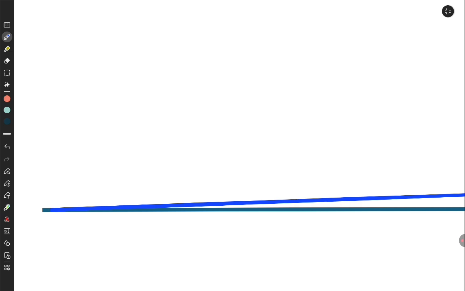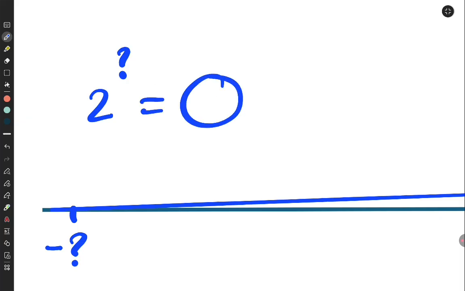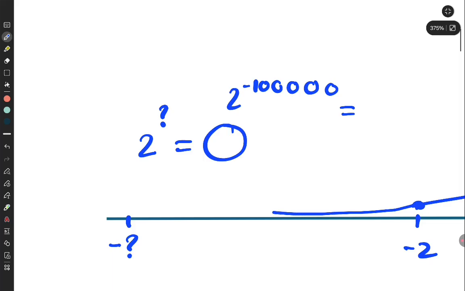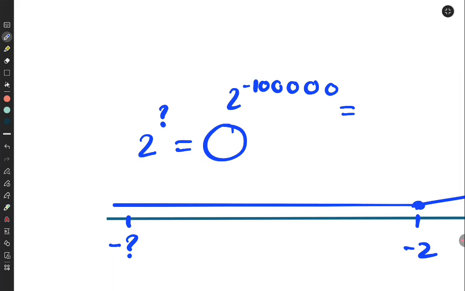Is there any negative number down here that gives you this? The smaller you pick, 2 to the power negative 10, put another 0, another 0, another 0. But will it ever reach 0? No. In other words, it's like an asymptote.